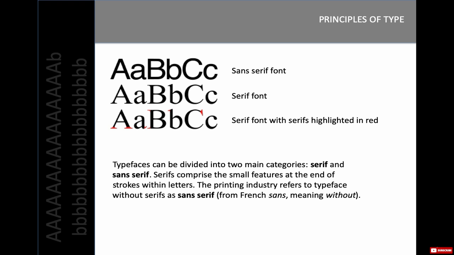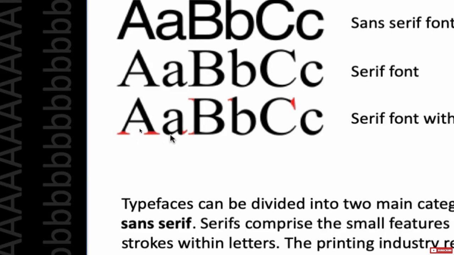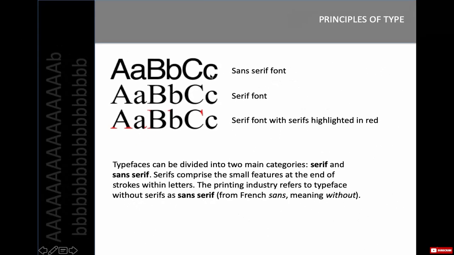Serif fonts comprise the small features at the end of the strokes within letters. Where there is a typeface without the serifs, we call that sans serif, derived from the French word sans, meaning without. Here's the serifs. Sans serif font, no serifs. A much rounder font with a totally different look and feel.